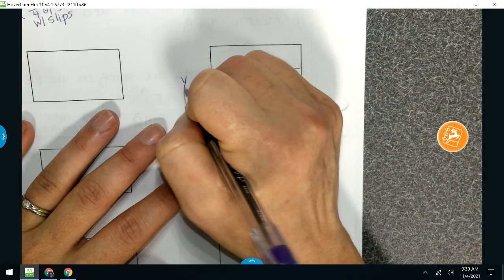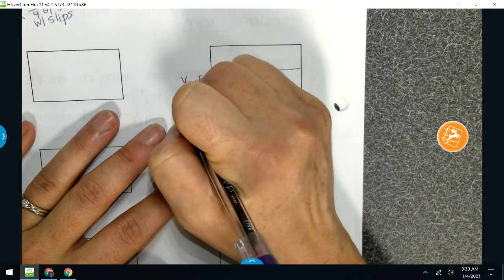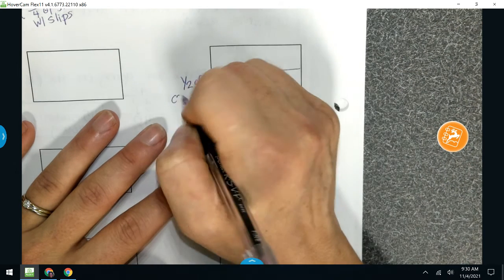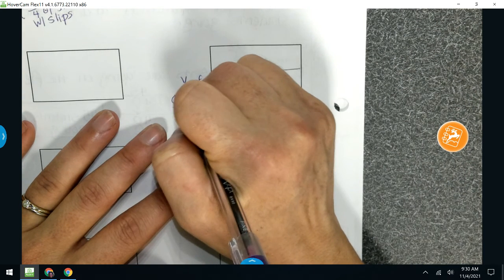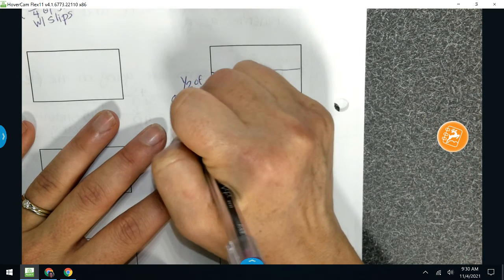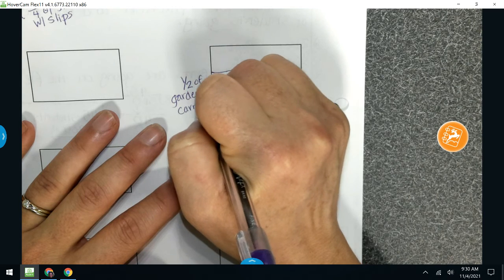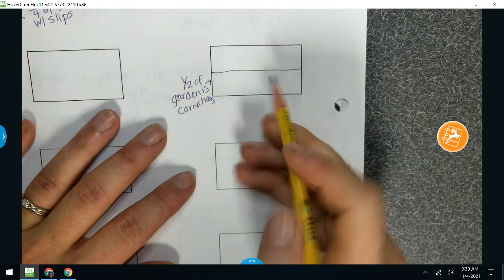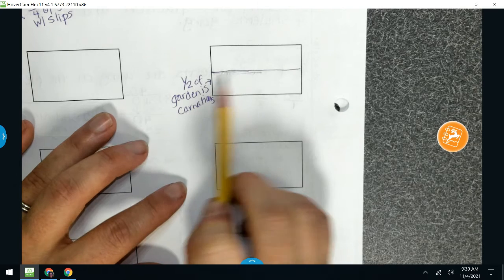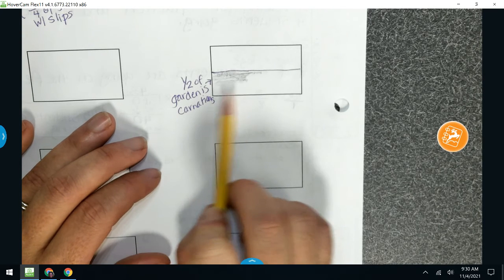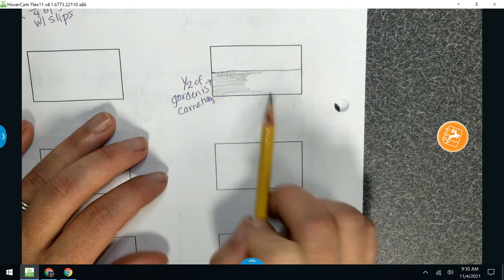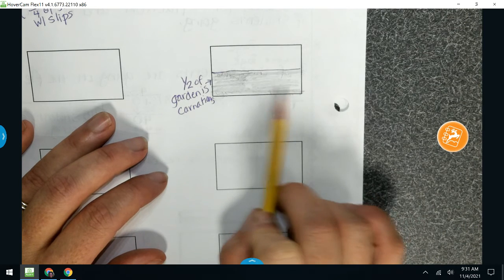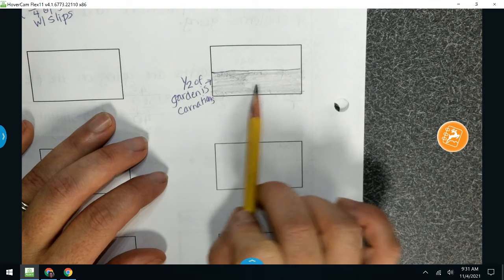I'm going to label. And I'm going to shade that in really lightly because again, I know that I need to double shade to know what my numerator is. And so I don't want to shade too darkly here because it might confuse me later.